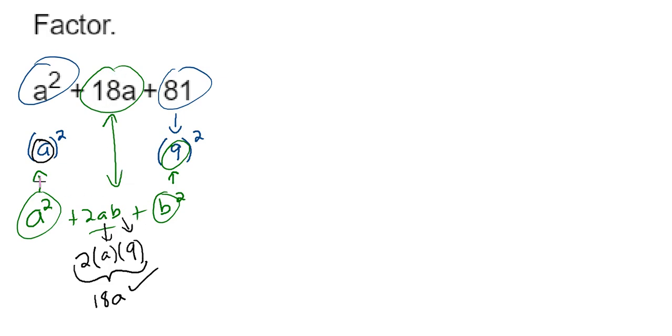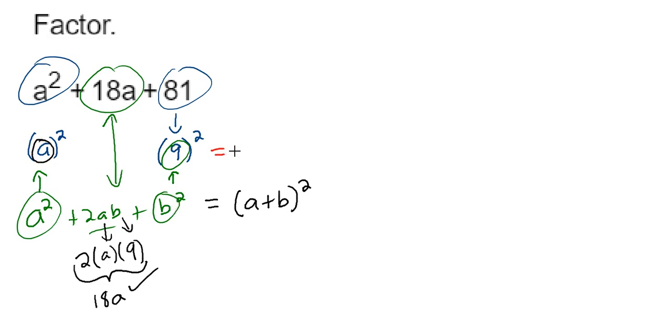And so if all three of these things are a match, the first term is something squared, the last term is something squared, and the middle term matches up to this 2ab, then the formula tells me I can factor this as a plus b squared. But we have to swap out the a and the b in the formula for what a and b are in our particular problem.